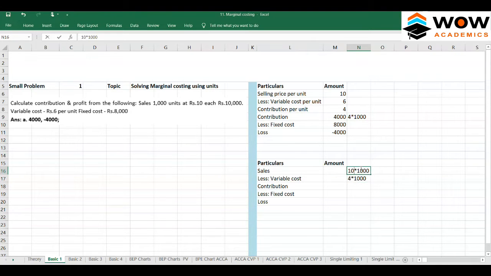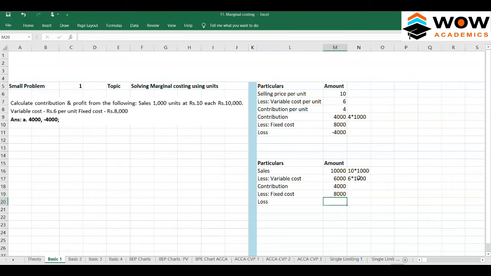Sales is 10 per unit, so that gives you 10,000. And variable cost per unit is 6, so that's 6,000. You can now deduct, and fixed cost is 8,000. So if you see, you have a loss.